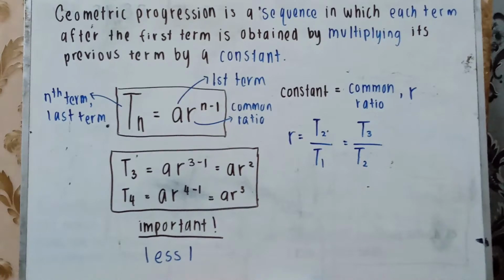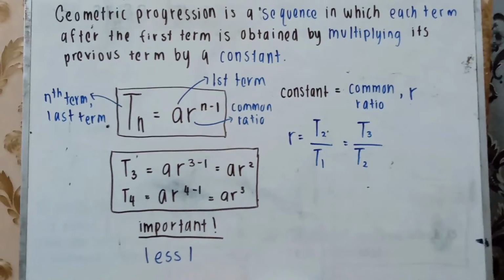Tn equal to AR to the power of n minus 1. Like I told you just now, we always minus 1 in geometric progression. We need to divide the number after by the number before to get the value of the common ratio. T2 divided by T1 is equal to T3 divided by T2.